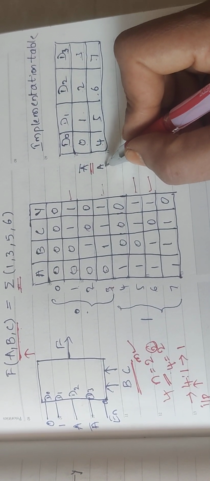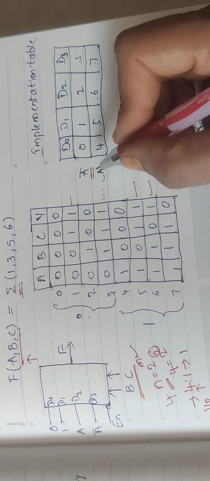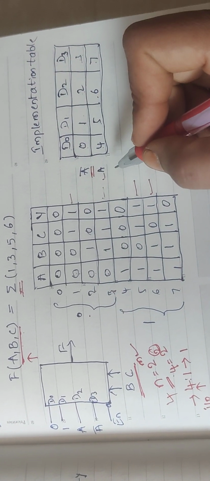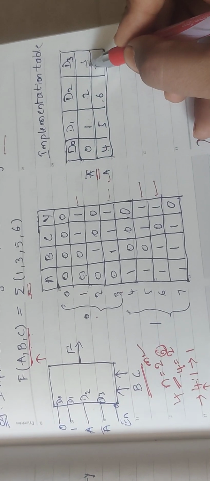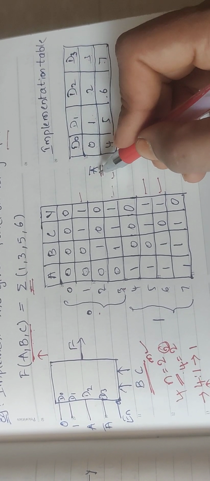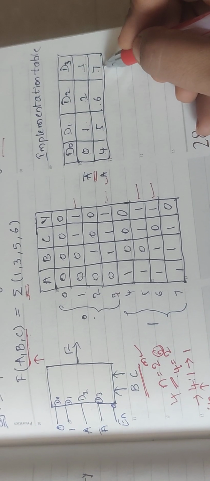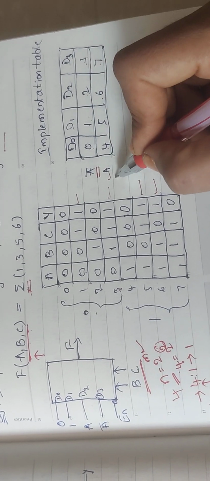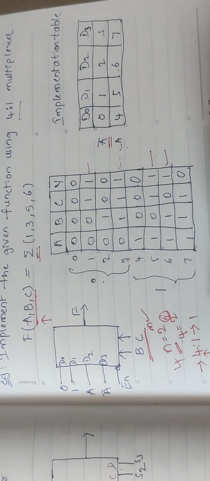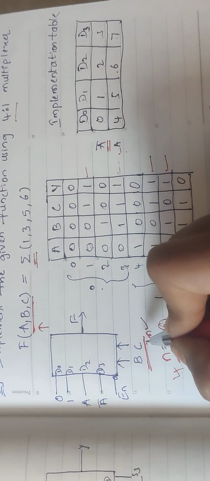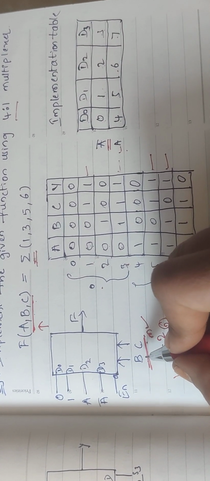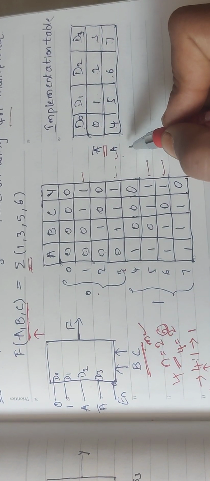Here the variable is A. We considered the variable A as the data input. For that reason, for these 4 columns the value is A bar, and for these 4 values the value is A. Now here 2 select lines are there, so we just need to verify whether these values are correct or not.